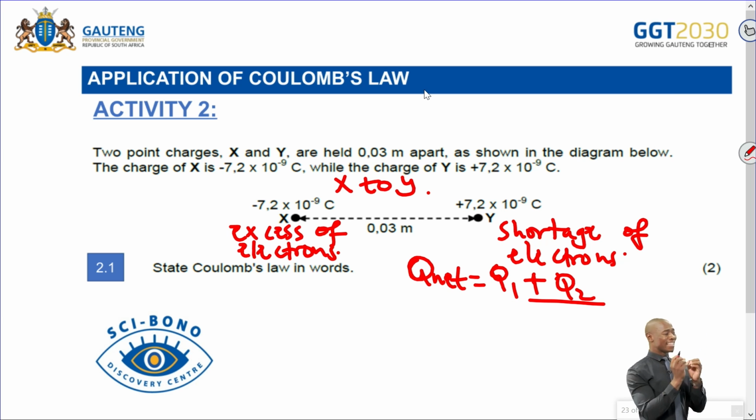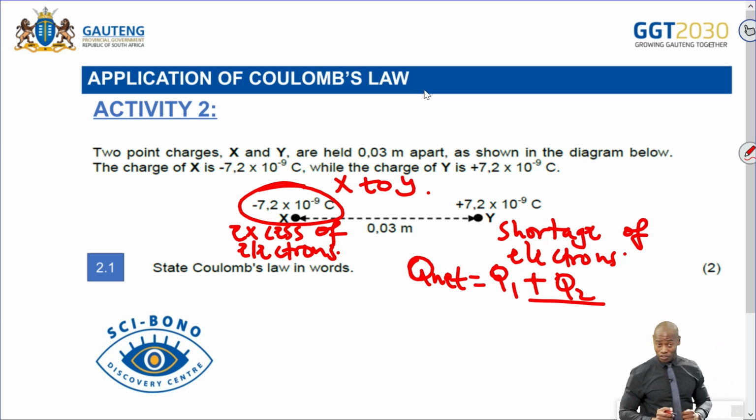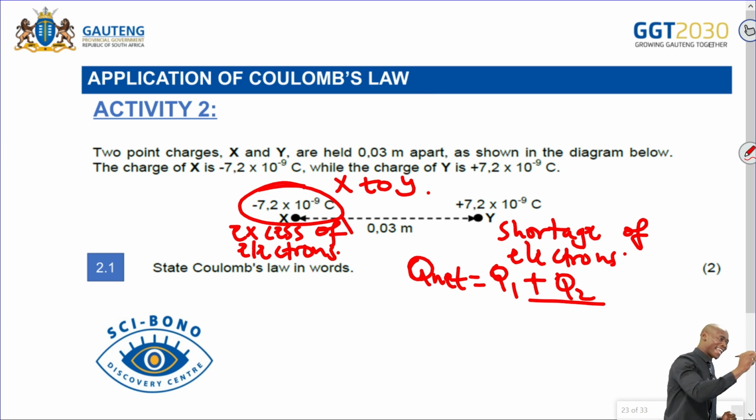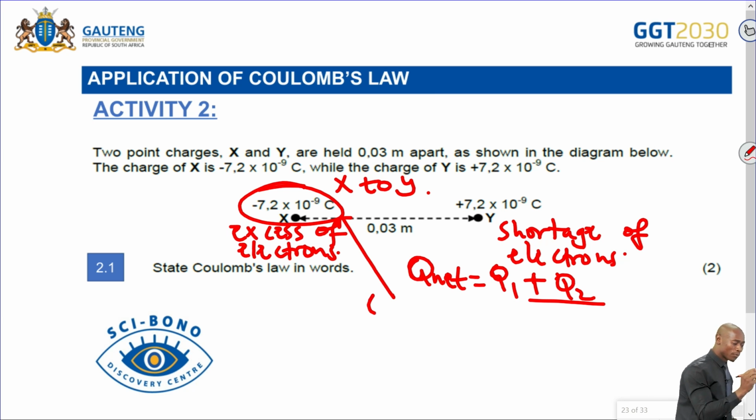Another thing that they can ask grade 10 learners is to calculate the number of excess electrons here. Remember, this sphere has an excess of electrons, right? So how do we calculate the number of excess electrons in this sphere? We use the principle of charge quantization, which is Q equals n Qe.